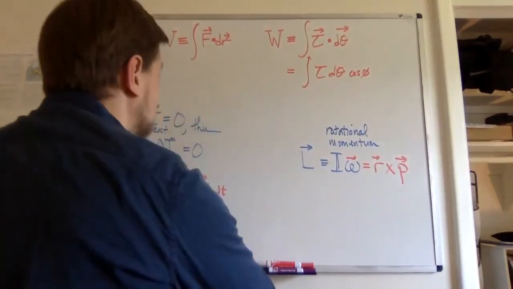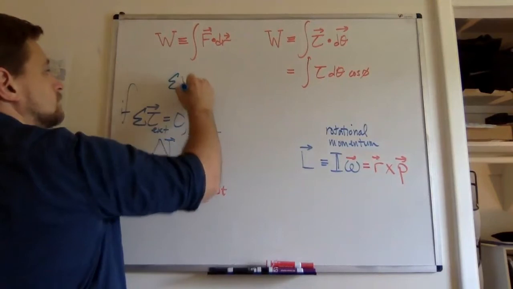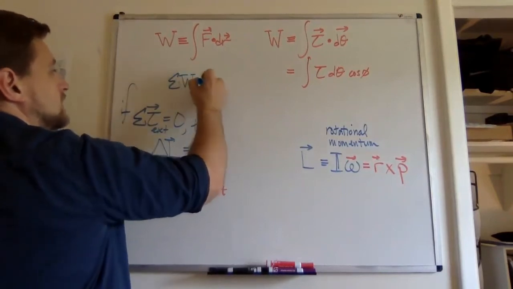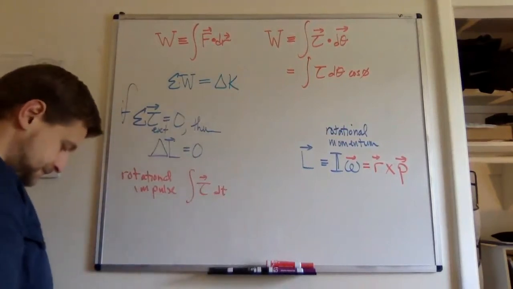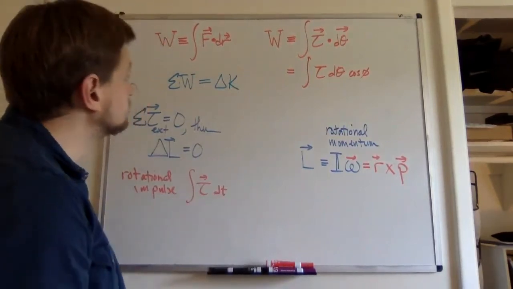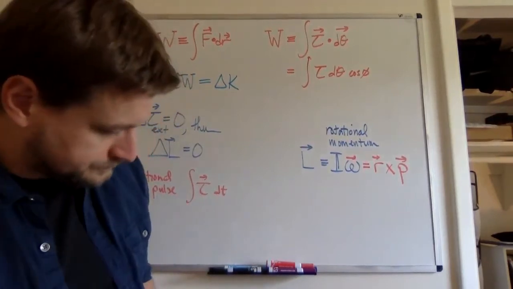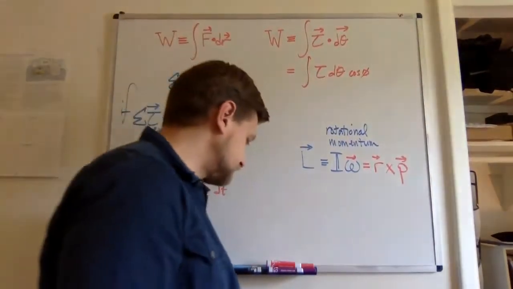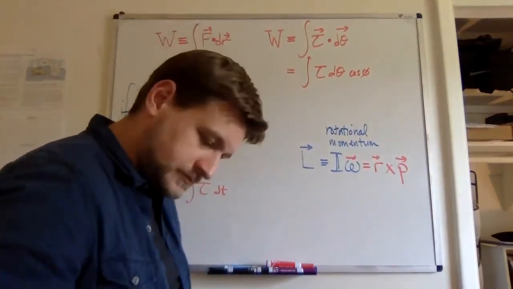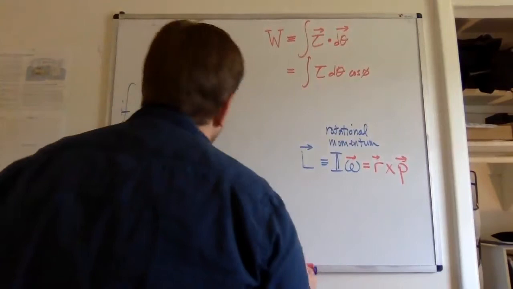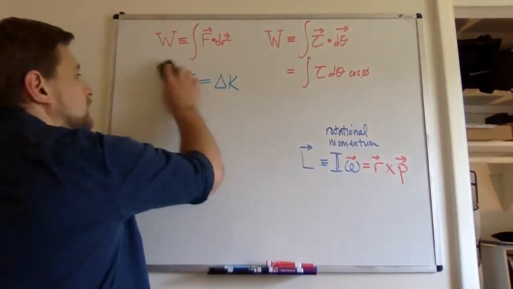We can show that the work done is still equal to the change in kinetic energy. That's still true. Before we stop talking about chapter 10, there's a couple more things I want to do.